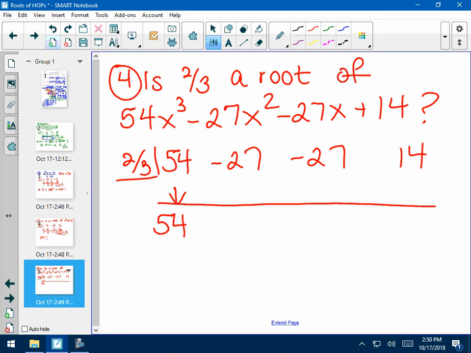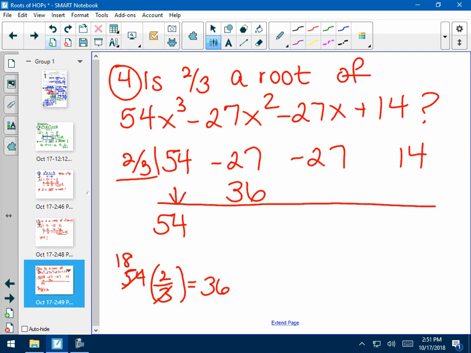Okay, really stepped up our game a little bit here, so we're going to bring down 54. I guess you could use a calculator to help you if you need it, but 54 times 2/3, I would say, hey, you know what, let's say that 3 goes into 54 18 times, and that 18 times 2 is 36. So that might actually be a quick way to evaluate 2/3 of 54, but use a calculator if you get stuck.